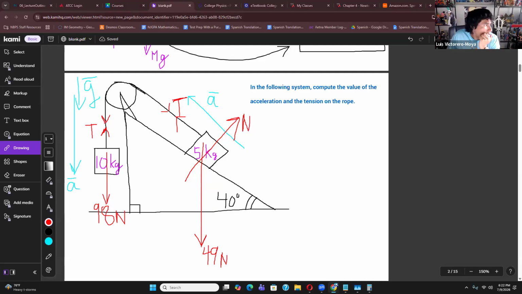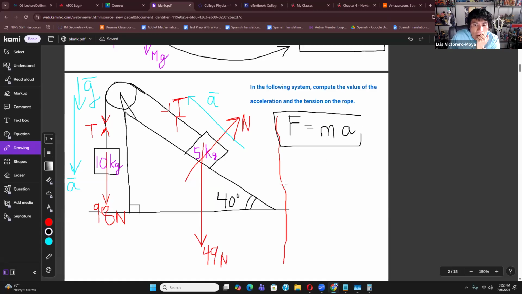All right. Why is the 10 kilogram going down? Because of this, but there's tension, right? So, like yesterday we did, what will be F equals to MA for 10 kilograms? That's the equation we have to use. So for 10 kilograms, what will be Newton's second law?